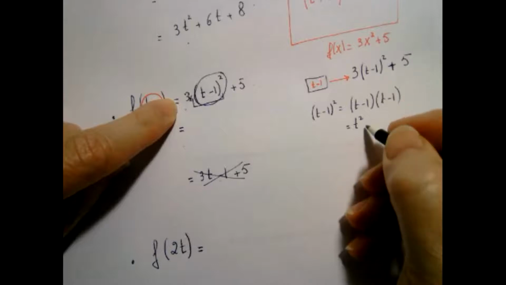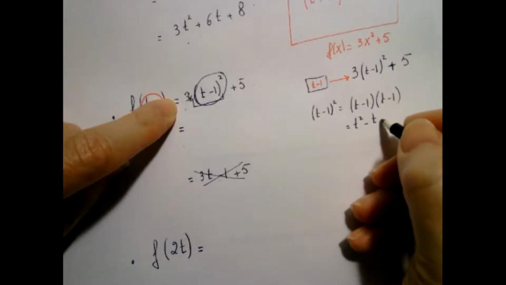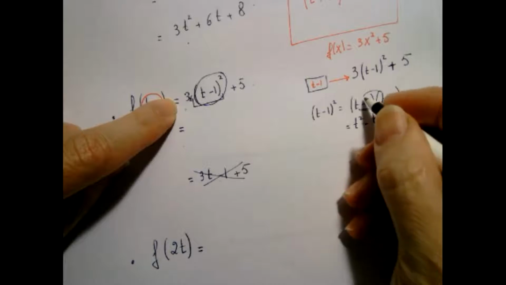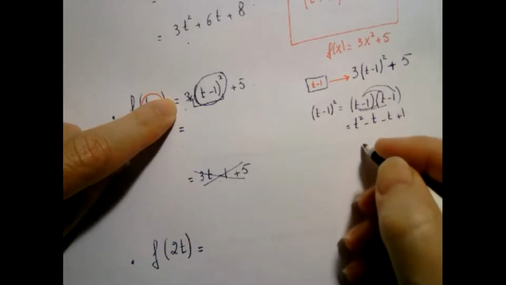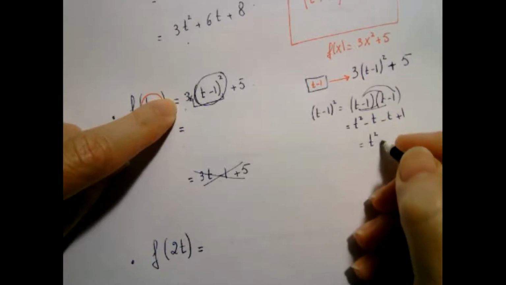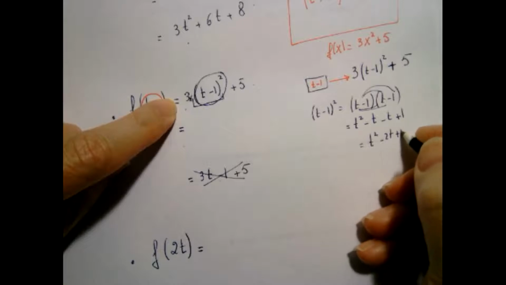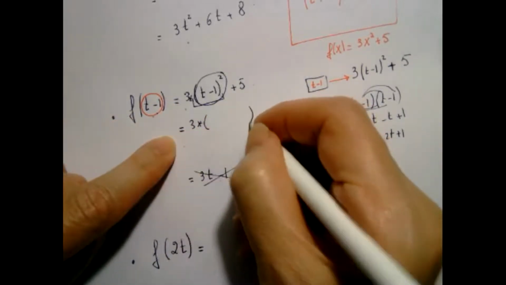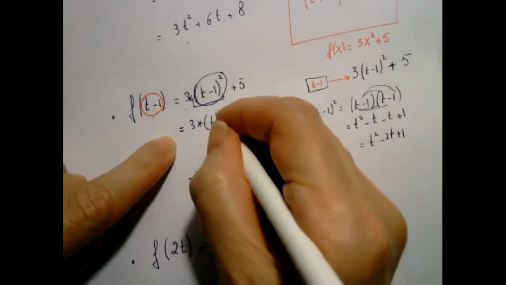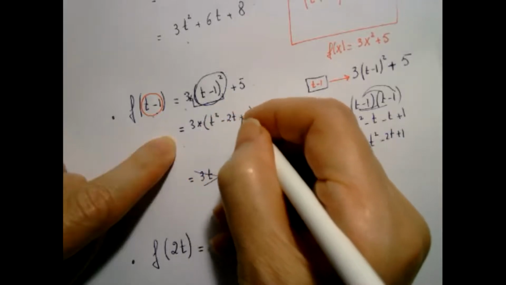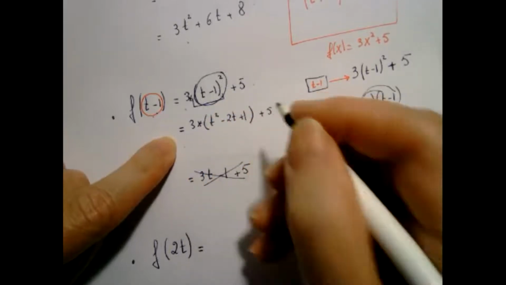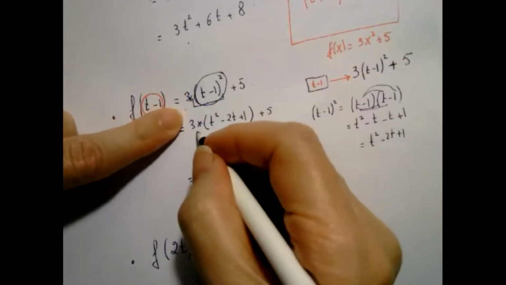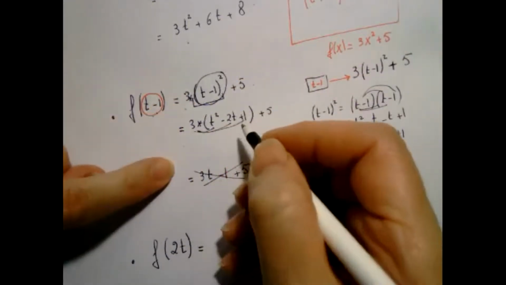T times t is t squared, minus t, minus t, plus 1. So this will give me t squared minus 2t plus 1. So this is 3 times t squared minus 2t plus 1, plus 5. First you have to square the term, then multiply every term by 3.